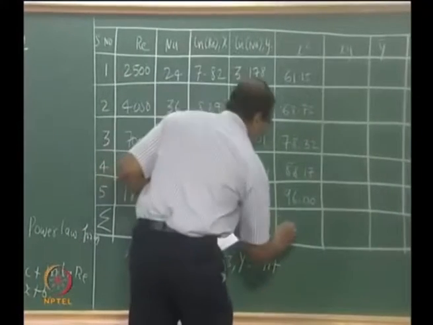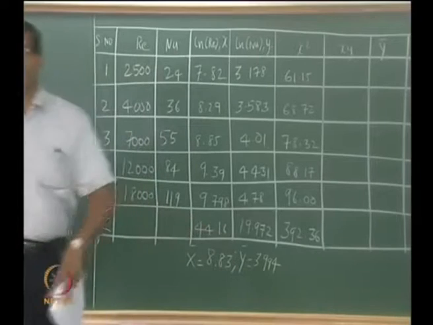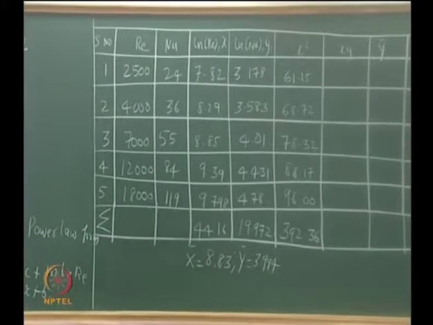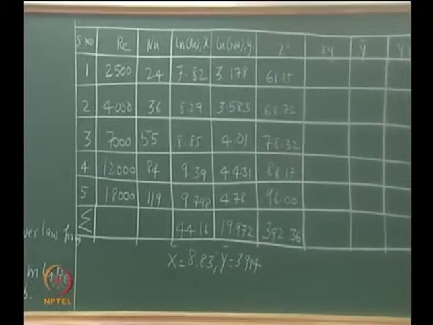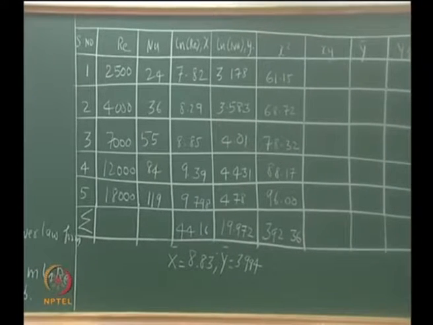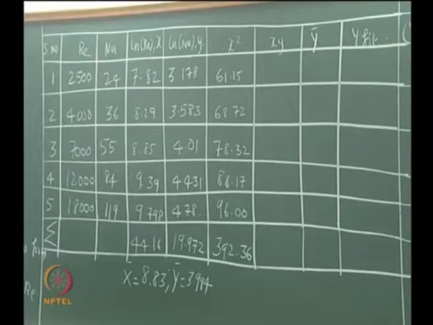So the sum of x squared is 392.36. Okay. From this side, tell me, are you getting these values? You are able to see the board?